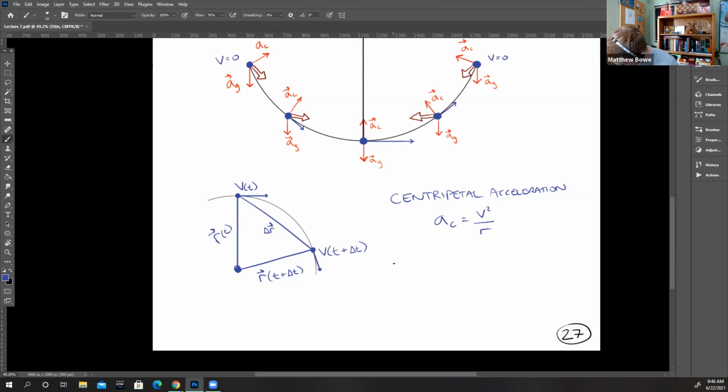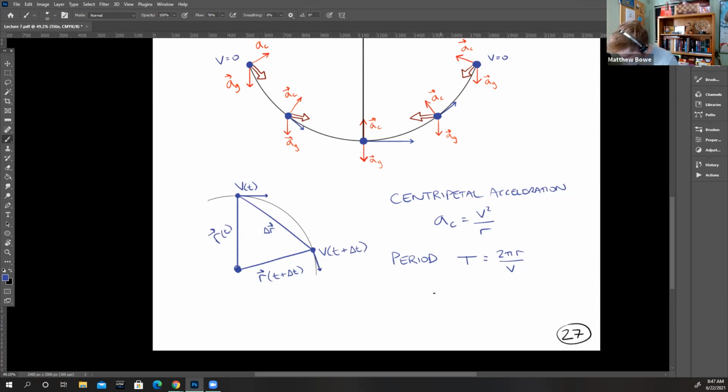So this will be the period, which is commonly labeled as T. So it's just a timing of how long it takes for this object to complete one revolution. So T equals 2 pi times the radius of this motion over the velocity. So how quick is it moving?